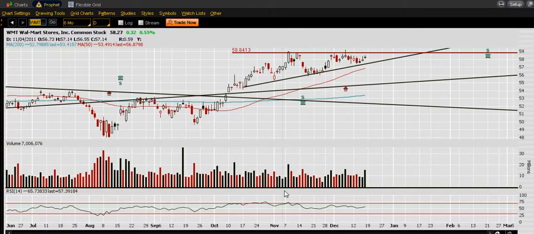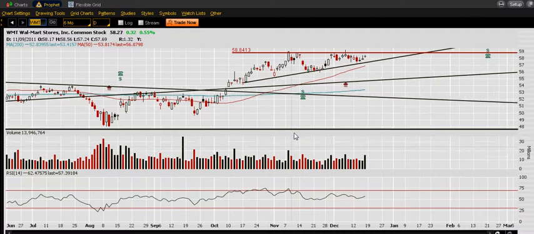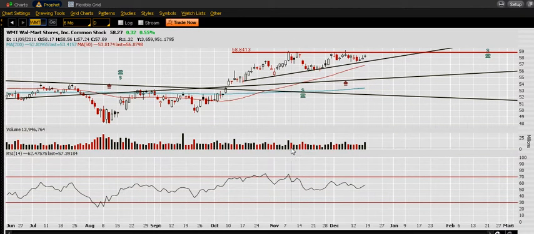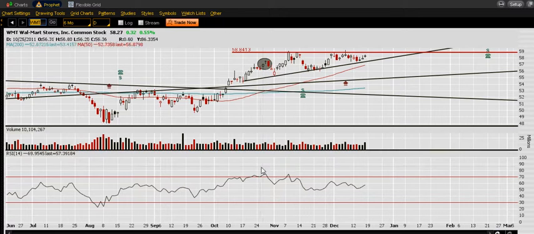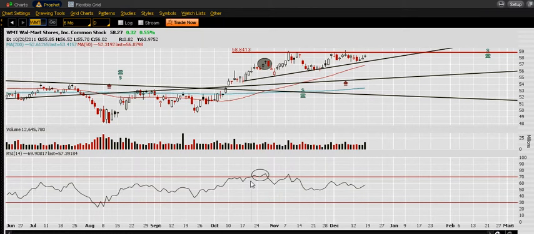What I wanted to do is a little divergence analysis with the RSI. Notice this. We have a first high right there. I circled it. And corresponding to that level, we have a high in the RSI, relative strength index, right there. Next, we have a higher high, and we have basically the same level as the first high in the RSI.